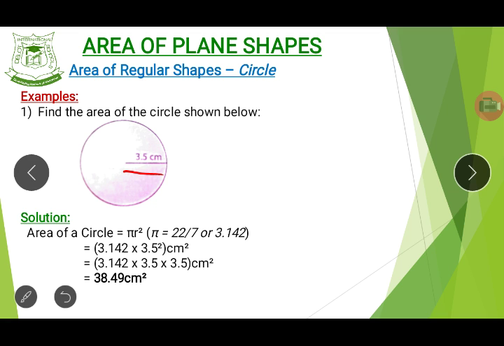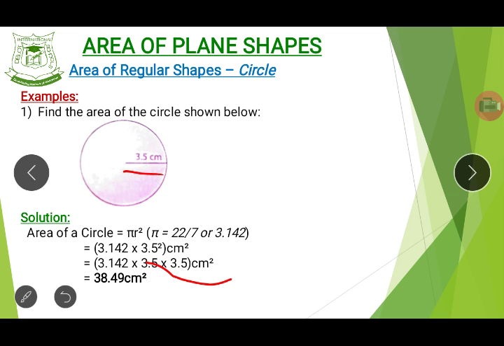Do you see that now? Because we are talking about area, all will be centimeters squared, as you can see here. So the final answer, when you are done multiplying, maybe you use your calculator, you get 38.49 approximately.